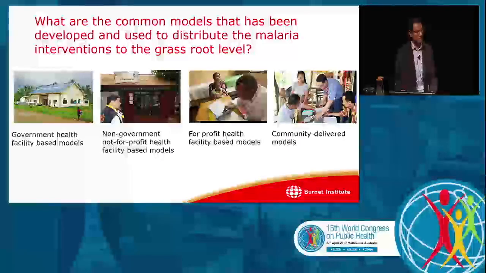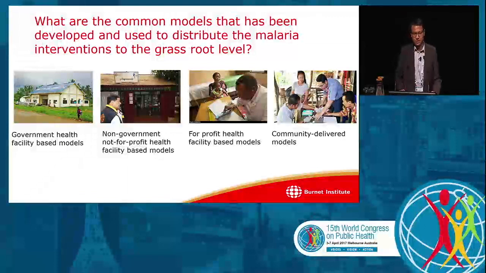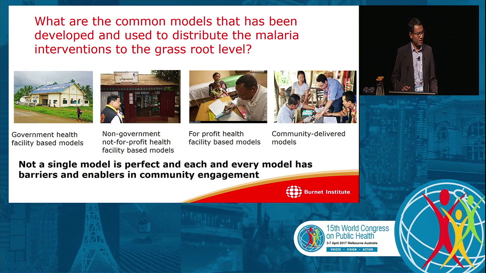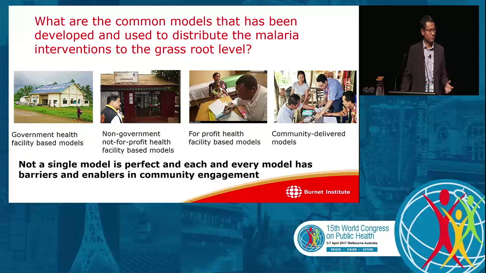The last one is the community delivery model. A number of studies and papers have been published on the use of the community delivery model. I will come back to this model a little more later. As you may be aware, no single model is perfect, because each model has its own problems as well as its strengths.